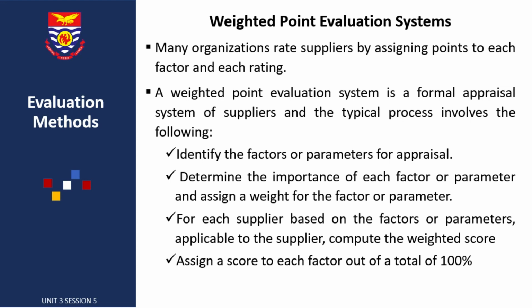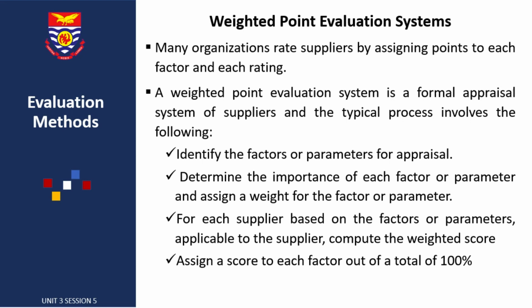So basically, in table 3.2 that had some criteria in the weighted point evaluation system, we have these elements or parameters of appraisal listed, and then we determine the importance of each of the parameters to the organization.